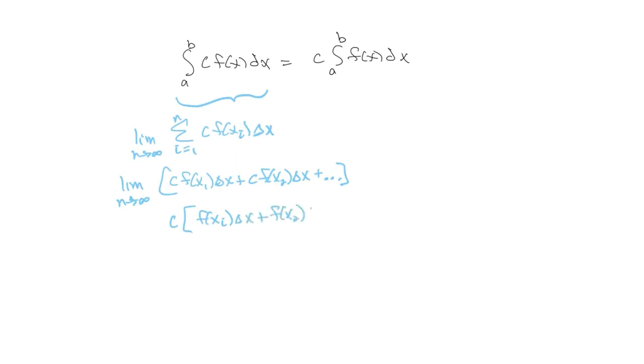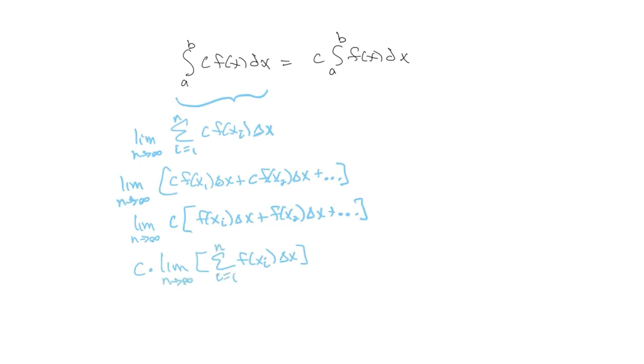So because I can factor out any common term within a summation, I can pull that c out, and then I have a property of limits that says the limit of a constant times a function is a constant times the limit of the function. Alright, so I'm going to get lazy here and stop writing all of those additions. This was just the sum of f of x sub i times delta x, as n goes to infinity, i goes from 1 to n.